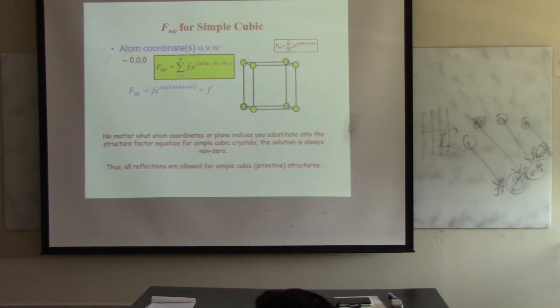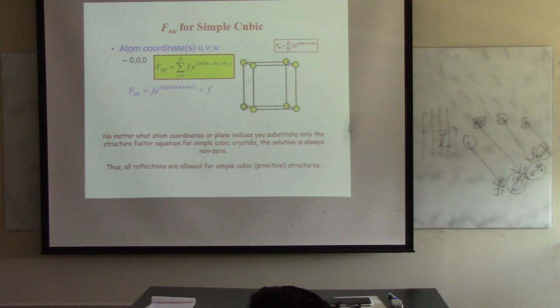F of HKL is, oh, here I didn't write, sorry, alpha should be here, right? So what you get here is only one term, f times e to the minus i, I'll just use a plus, doesn't matter which one. Then what do you get here? 0, 0, 0.